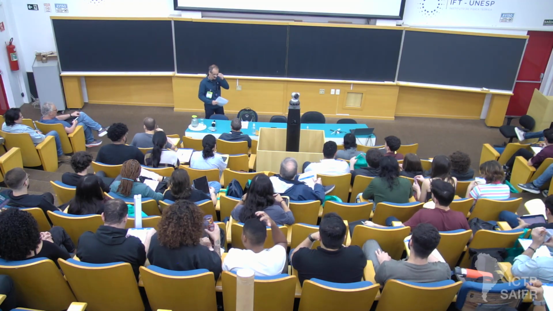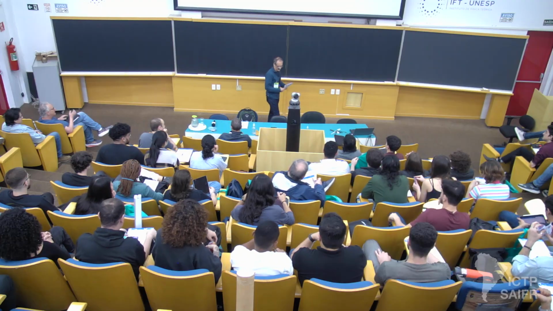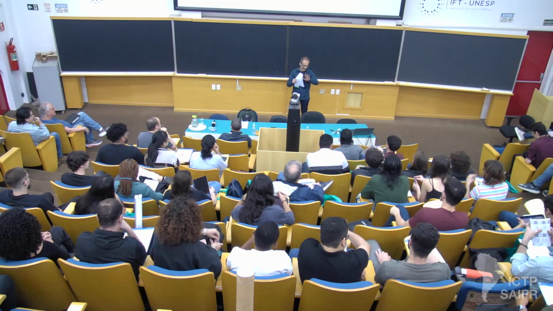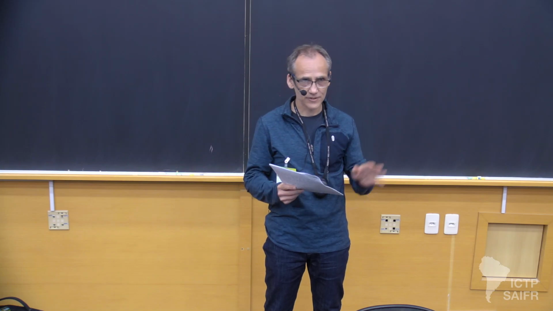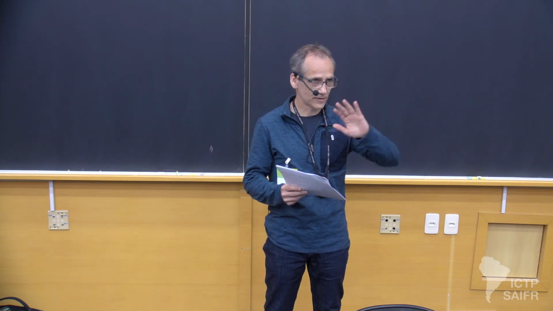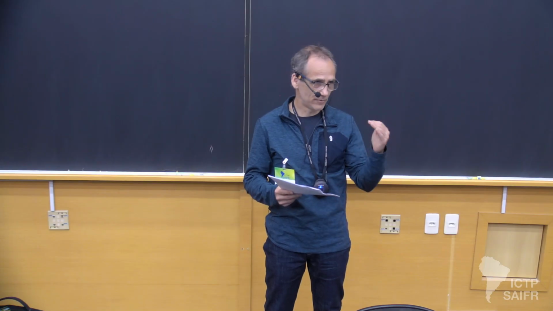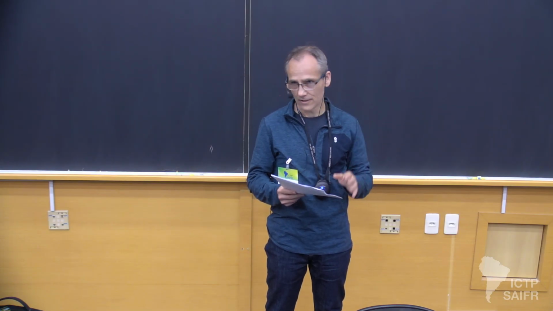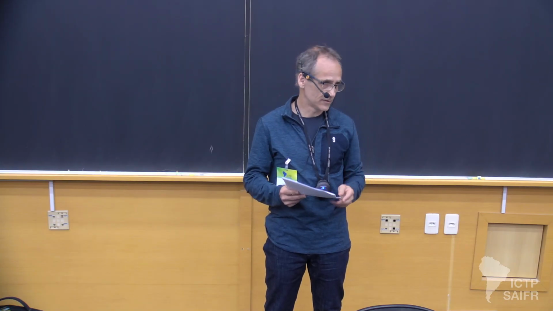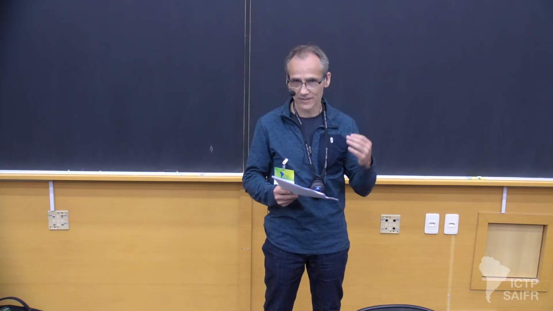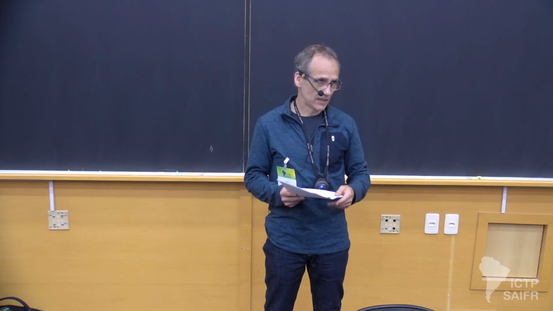So what I'm going to do, I'm going to start very basic, through standard basic cosmology, so everybody's on the same page, describing a homogeneous and isotropic universe. I'm going to go a bit fast, okay? But of course, you ask me questions if something is not clear. And then we'll get into the real reason I'm giving these lectures, which is to describe how the structure in the universe forms.